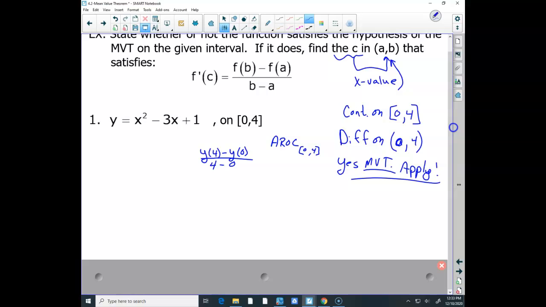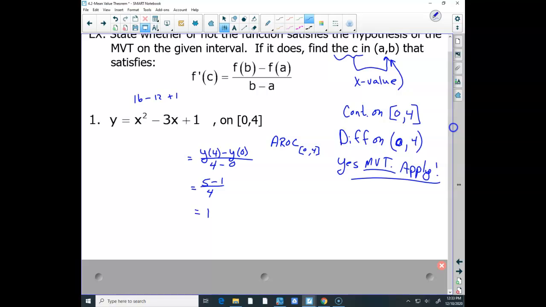That has to equal my derivative. But what's y of 4? If I plug a 4 in here, I get 16 minus 12 plus 1, so that's 5, minus 1, over 4. So that is going to equal 1.